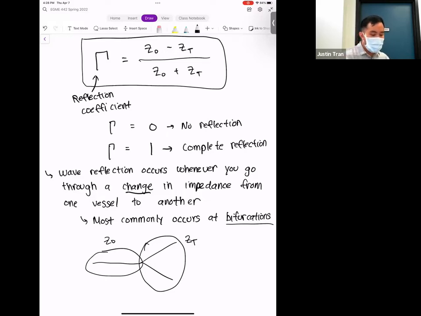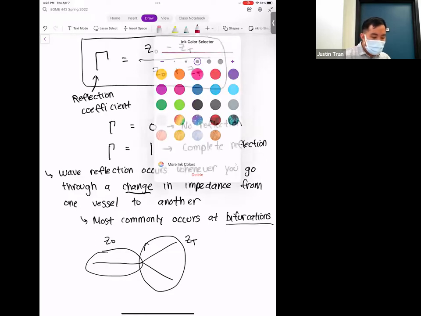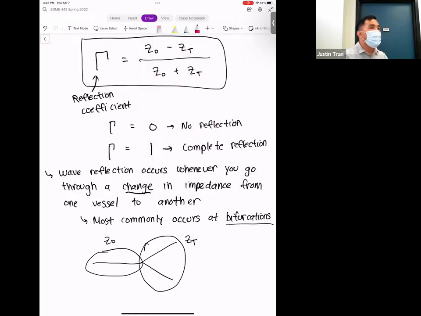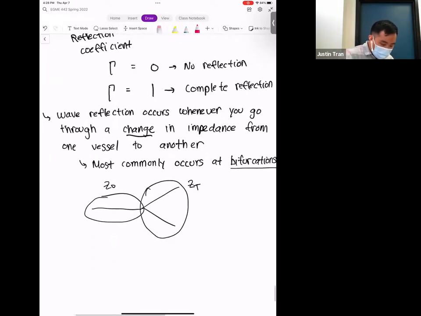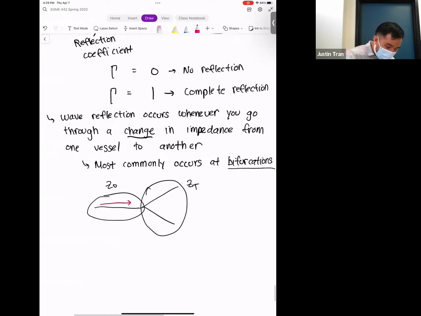So if you have a pressure wave coming in, let's say the heart pumped, and that creates a pressure wave down your blood vessels. The pressure wave comes in, and some of that pressure wave is going to come back.